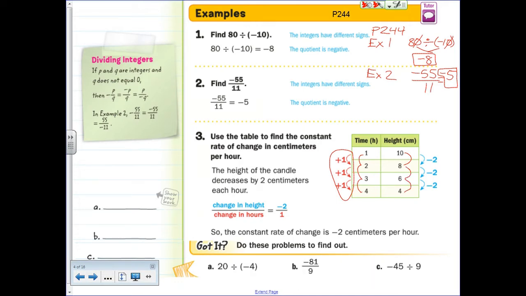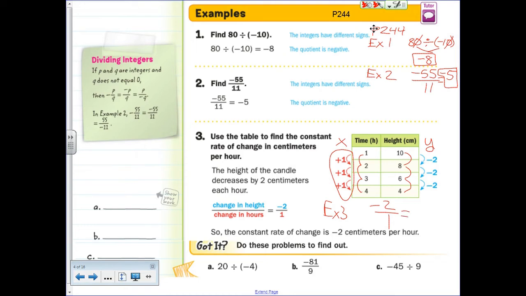So it's going down by 2. If I want to find the rate of change, I'm going to take the change in its height, we'll call that y, and put it over top of the change in time, we'll call that x. So I would actually make a division problem of negative 2 divided by 1. So for example 3, you would just want to write negative 2 divided by 1. That's the change in height over the change in time.